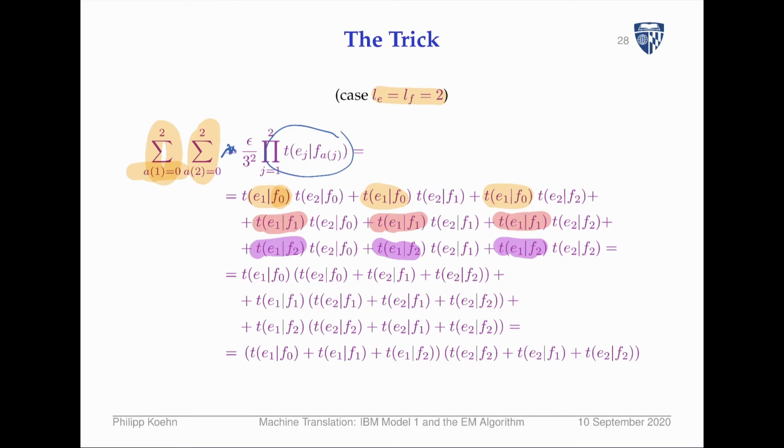That's the outer loop. Then you see the inner loop, where we start out with A2 being assigned to 0. So the second English word is explained by the 0th foreign word, so that is here. And then you can see that going through there as well. I guess these colors make it a bit clearer what's going on there.